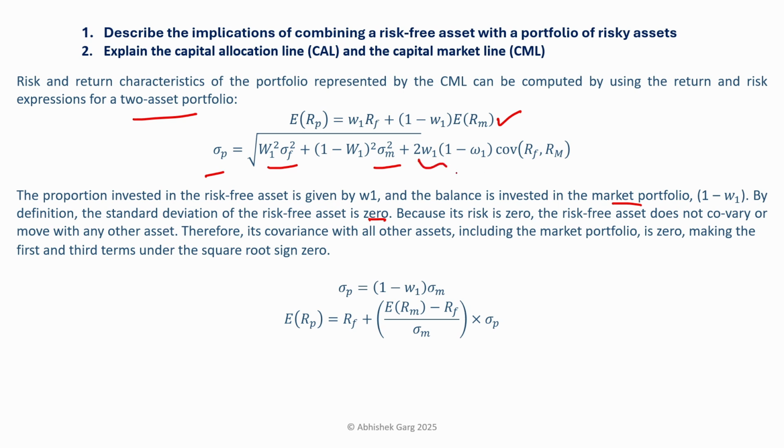So this term and this term both become 0 in this case, and we are left with sigma p equals (1 minus W1) times sigma m. That means the risk of the portfolio combining a risk-free asset and a market portfolio is reduced to the proportion invested in the market portfolio, 1 minus W1, times the standard deviation of the market portfolio.